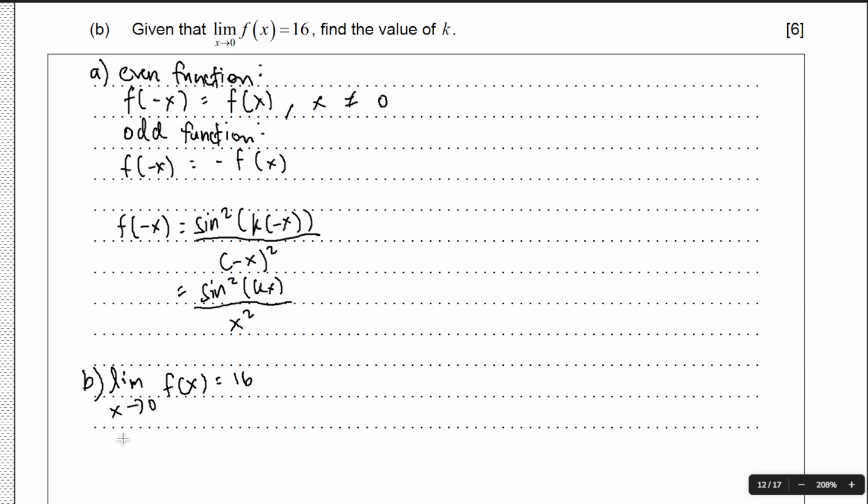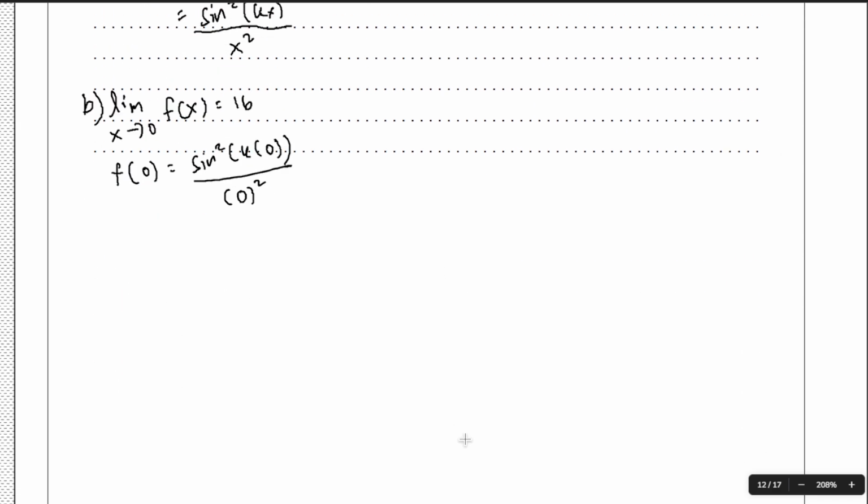And if we try to substitute 0 into this, sine squared k0 over 0 squared, this would equal 0 over 0, right? Now this means that we have to use L'Hopital's rule.